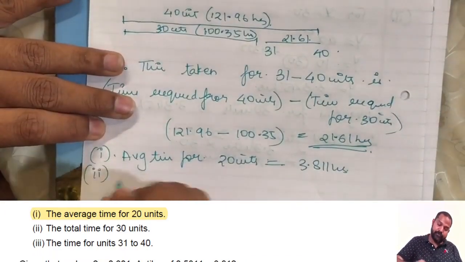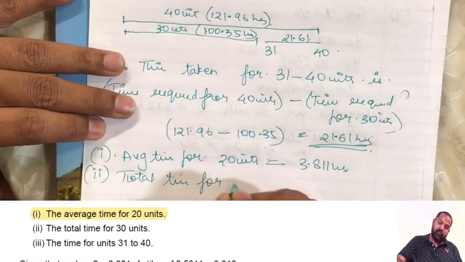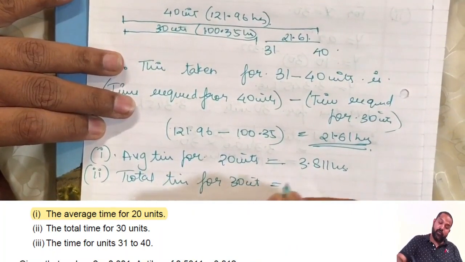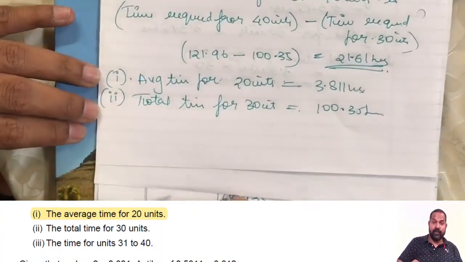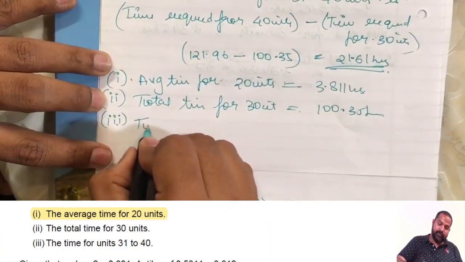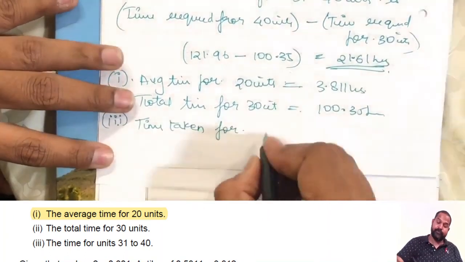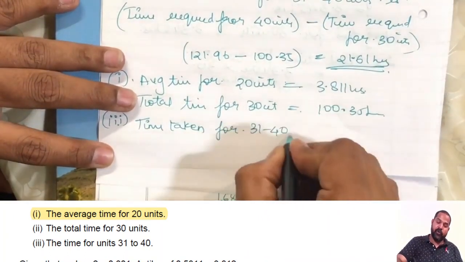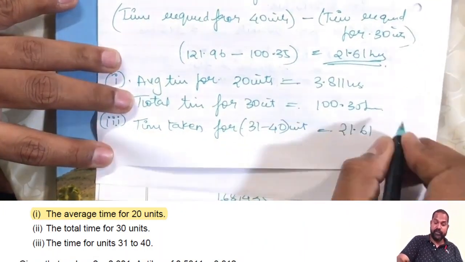Question B, total time for 30 units was 100.35 hours. And lastly, the third question, and that is time taken for 31 to 40 units is 21.61 hours.